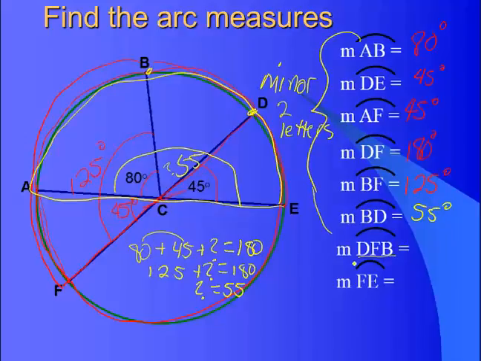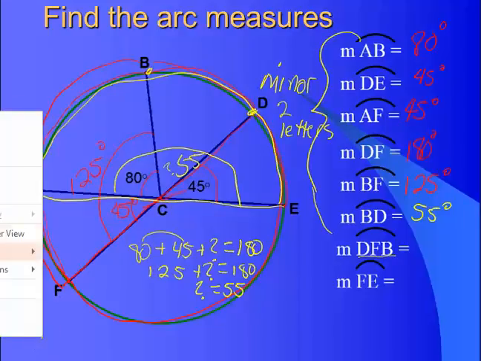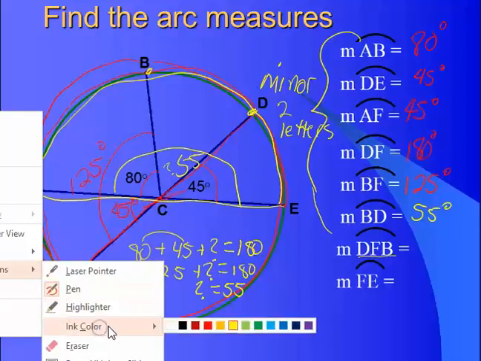So that means I got to start at D and go to B, but on my way I got to go through F. So I'm starting at D. I'm trying to go to B, but I have to go through F. So let me get a different color here. Let's use white.